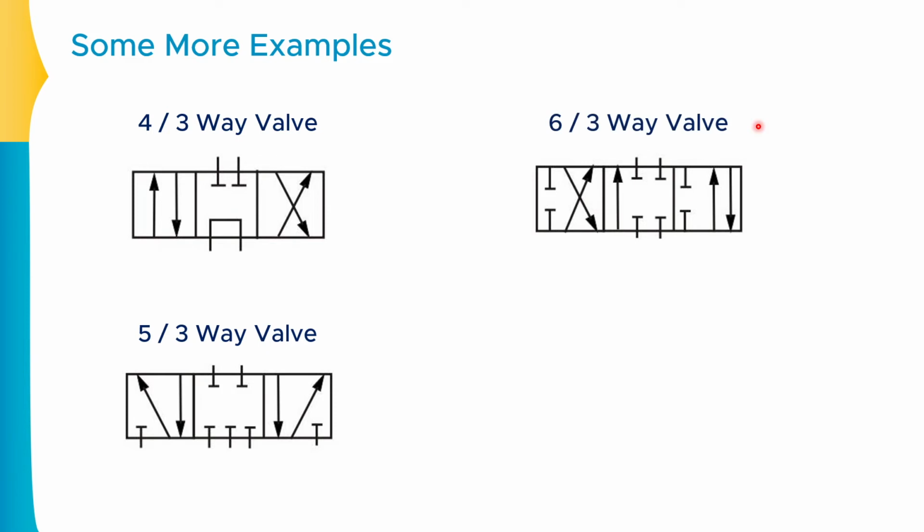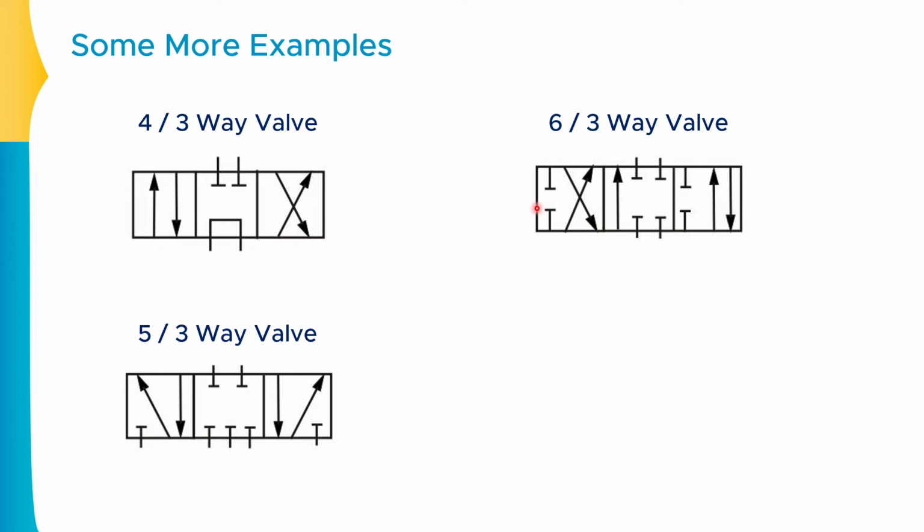So I hope you have understood the notation of the valves as of now, because we have taken a number of examples for those valves. So once you understand the notations of the valve, let us understand what are the extra things, or say extra symbolic representations, that are available on the direction control valve.